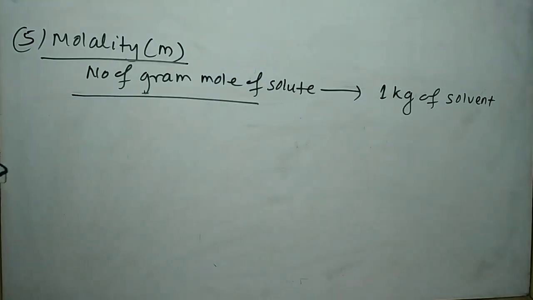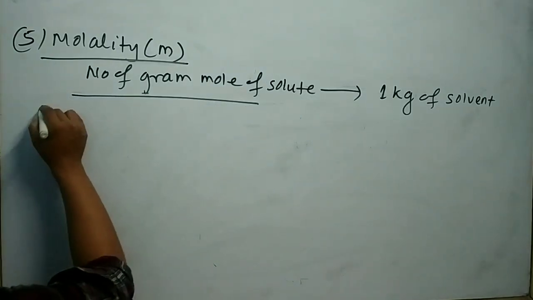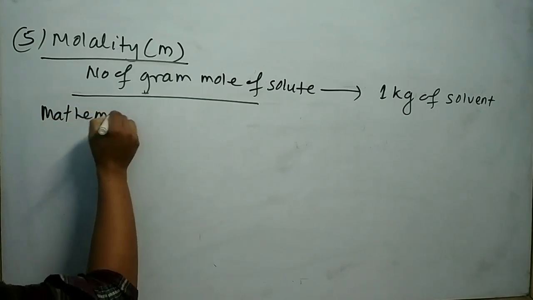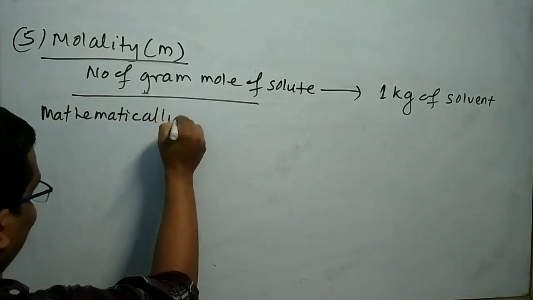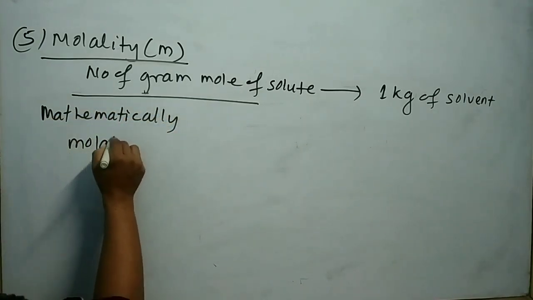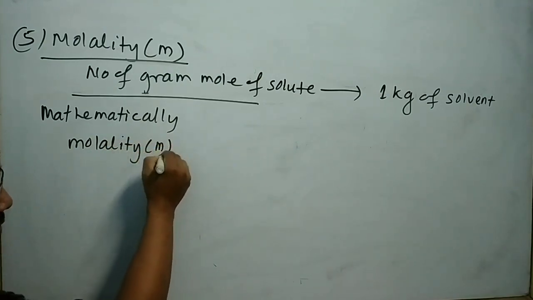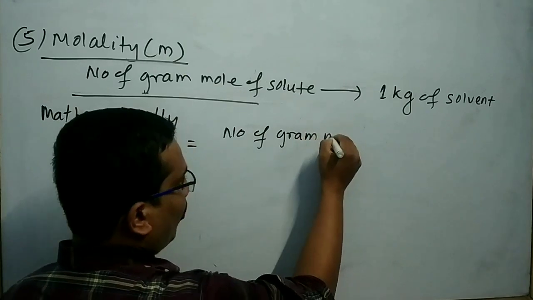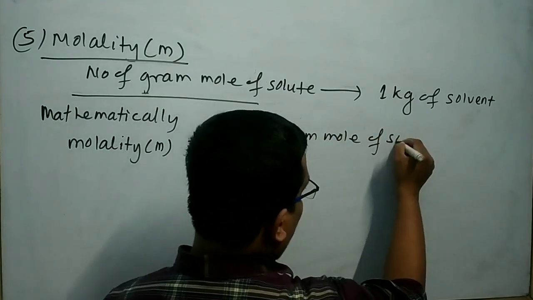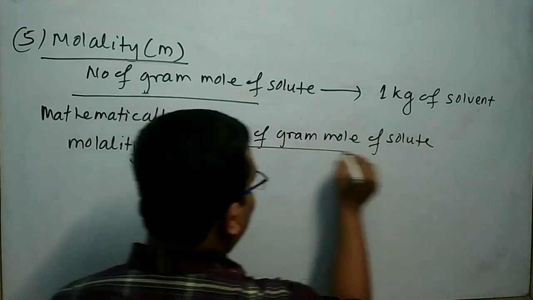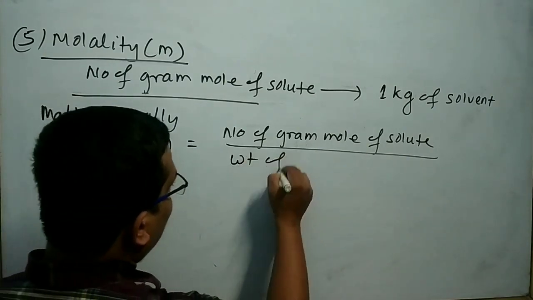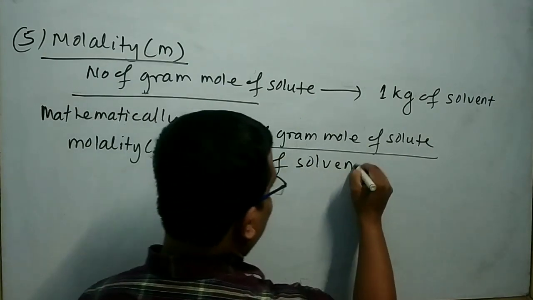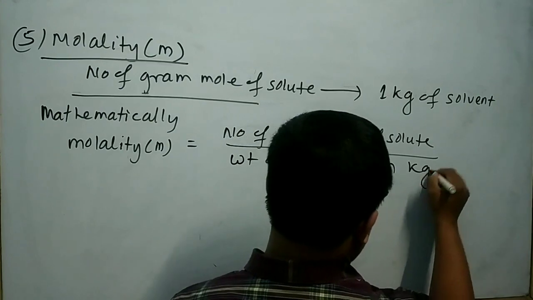That is called molality. Mathematically, I can write molality small m equal to number of gram mole of solute divided by weight of solvent in kg.